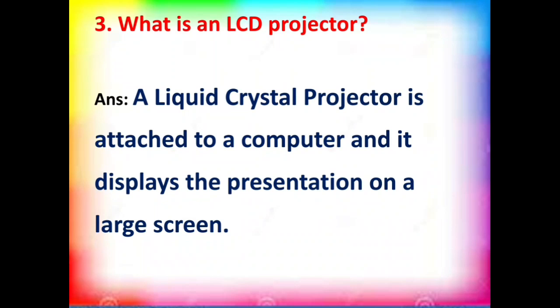Okay, so if you want to see a film, by using this LCD we can project it on the big screen. So a liquid crystal projector is attached to a computer and it displays the presentation on a large screen. Okay, students?